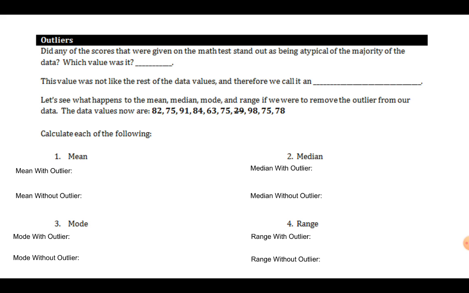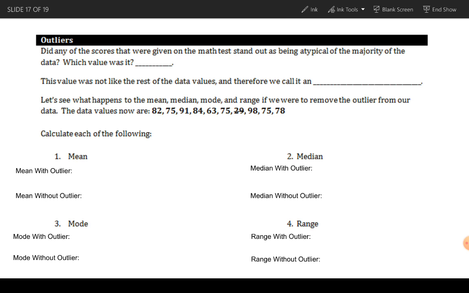Last concept is outliers. So did any of the scores that were given on the math test stand out as being atypical of the majority of the data? Which value was it? So we can actually refer to that data on this screen. The data they're talking about is the data that I'm circling right now.